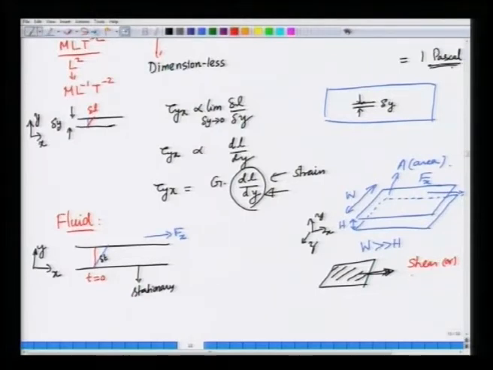Force per unit area is a stress. They are shear or tangential stresses because the force is tangential to the surface on which it is acting, in contrast to normal stresses which are perpendicular, as the name suggests.